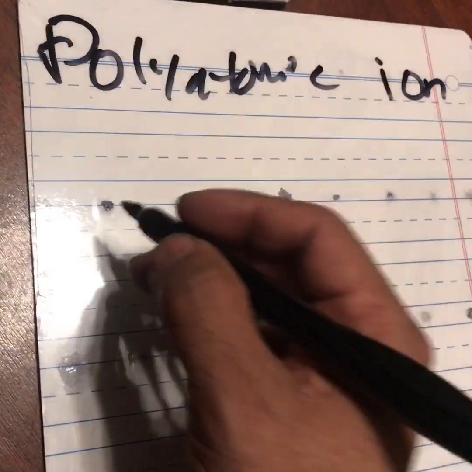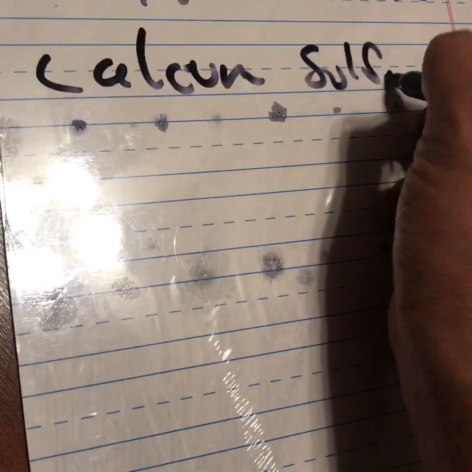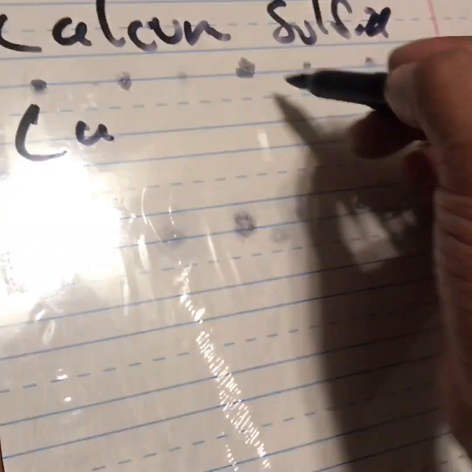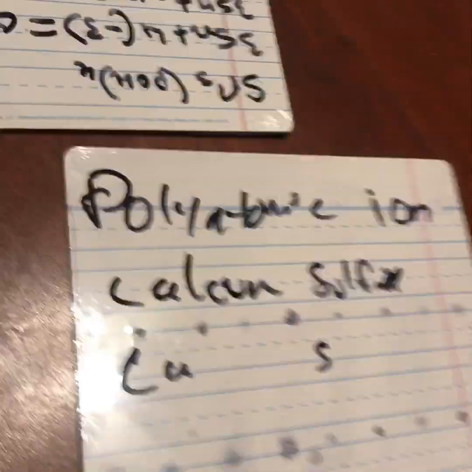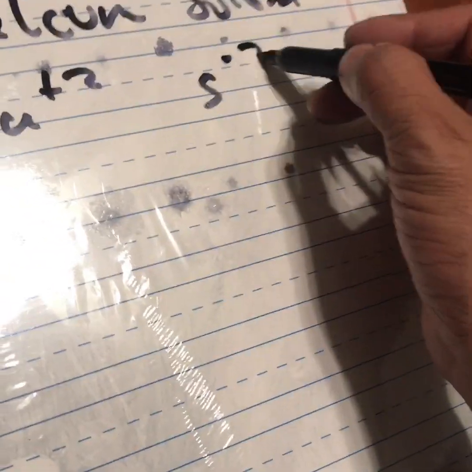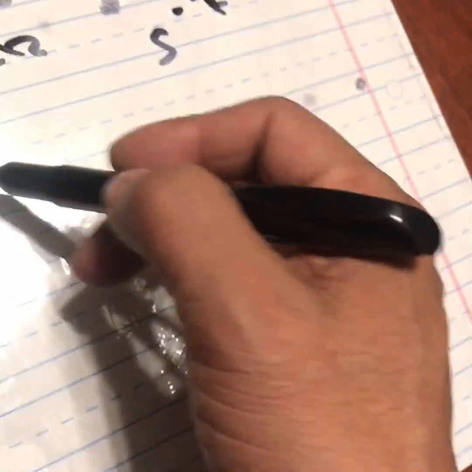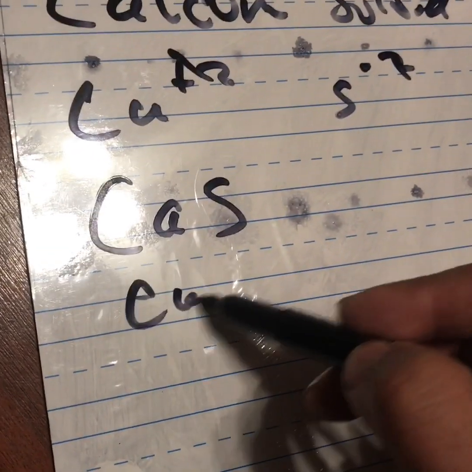So for polyatomic anions, we have calcium sulfide. For this one, calcium has a positive charge of 2 and sulfur has a negative charge of 2. So they cancel each other, so we simply call it CaS for calcium sulfide.